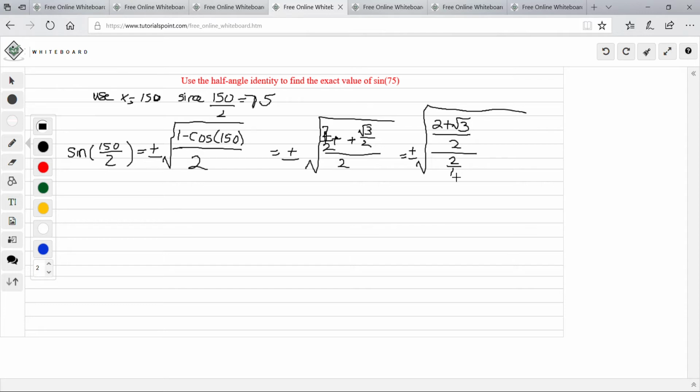Give it a 1 here, and if you do the brackets, you have a 2 here and a 1 here, so we multiply by the GCF, which is 2. These two cancel, so on the top you get 2 plus root 3, over 2 times 2, which is 4.